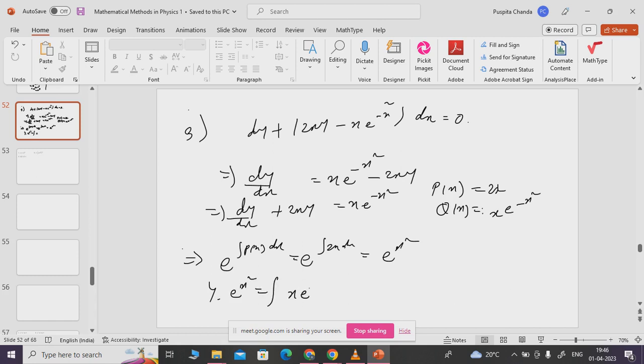So e to the power integration P(x) dx will be e to the power integration 2x dx, so it will be e to the power x square.